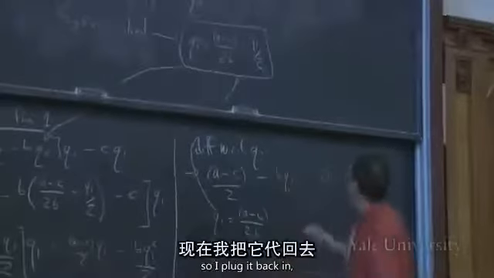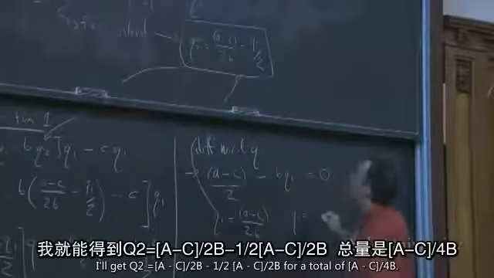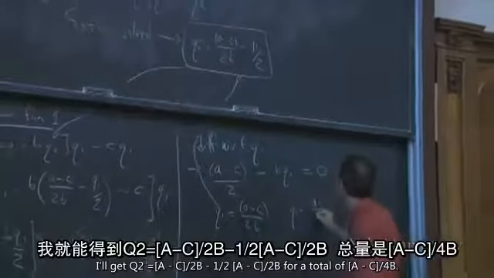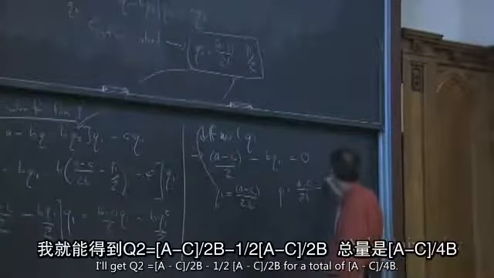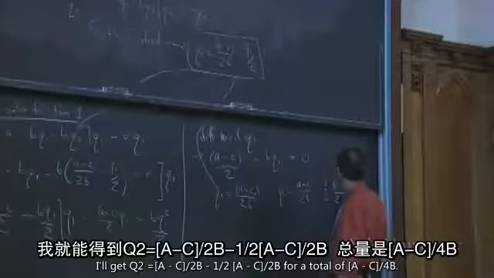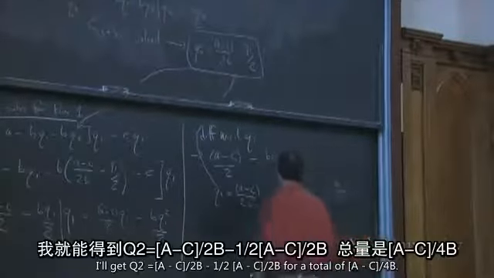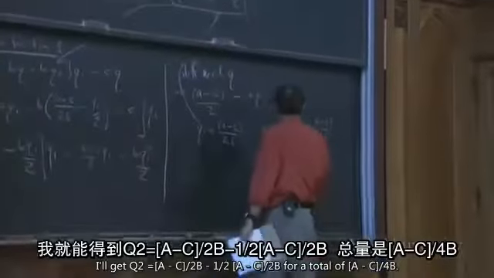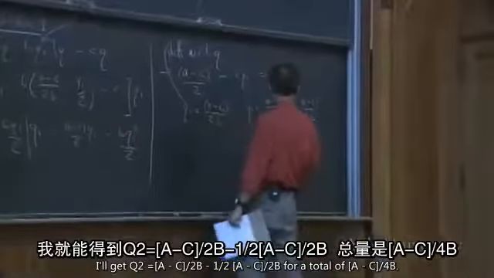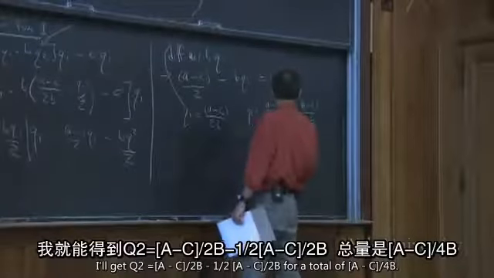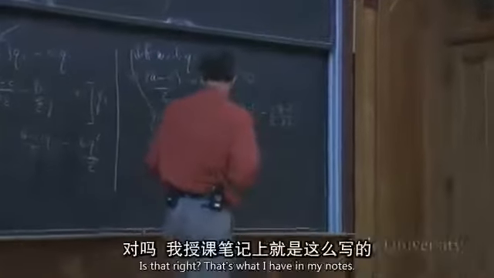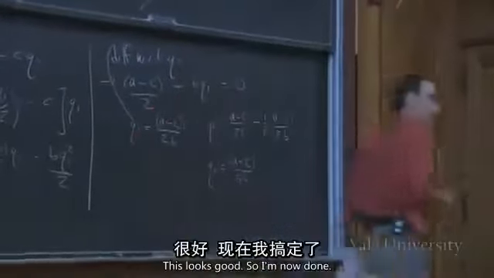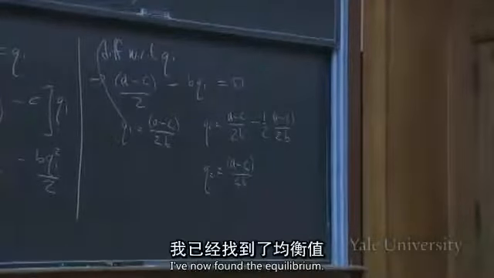So if I plug it back in, I'll get Q2 is equal to (A minus C) over 2B minus a half of (A minus C) over 2B, for a total of (A minus C) over 4B. Is that right? That's what I have in my notes. This looks good. So I'm now done. I've now found the equilibrium.